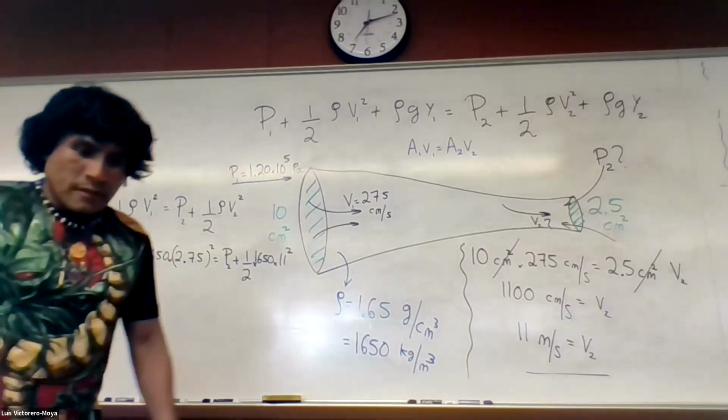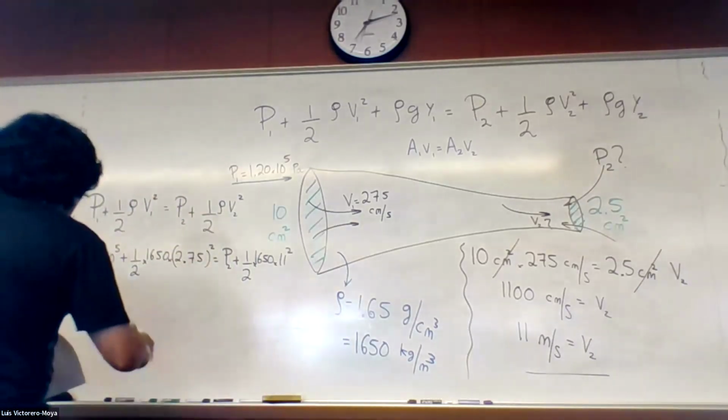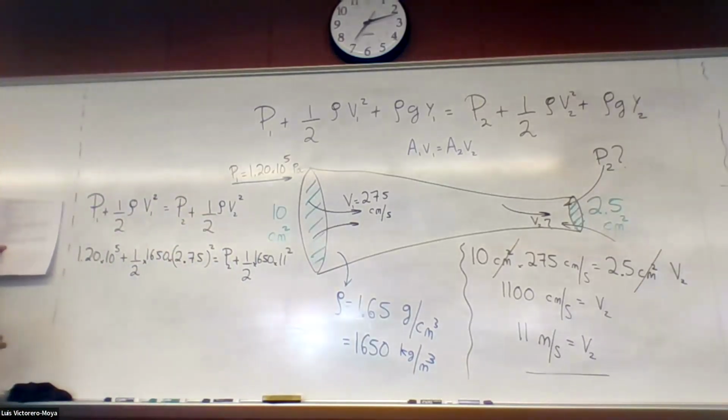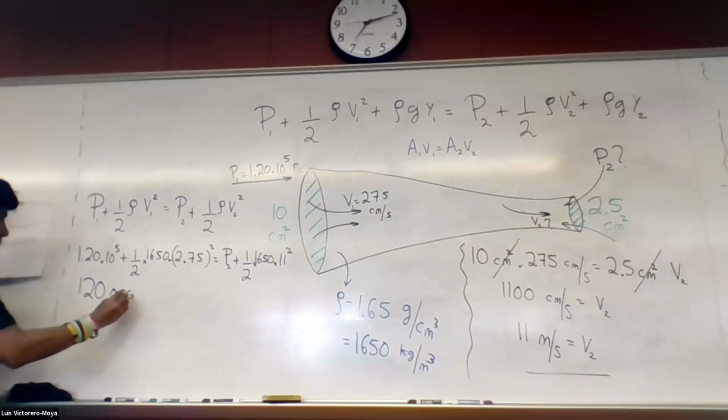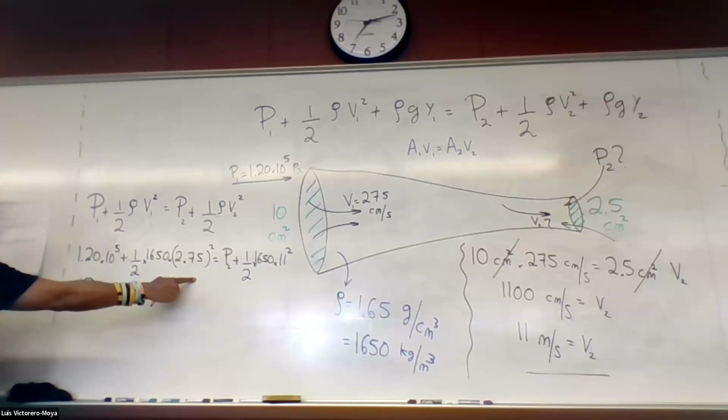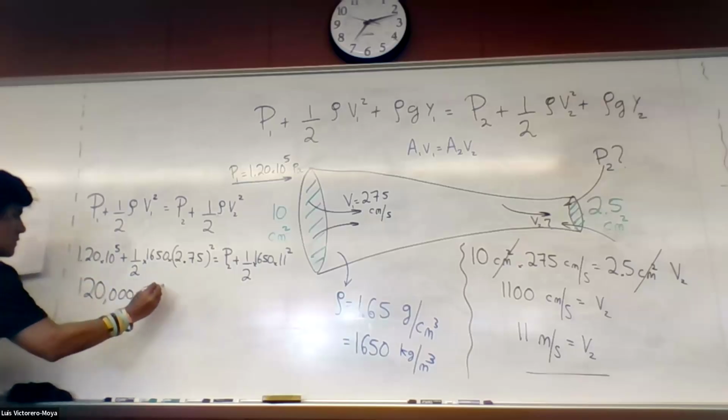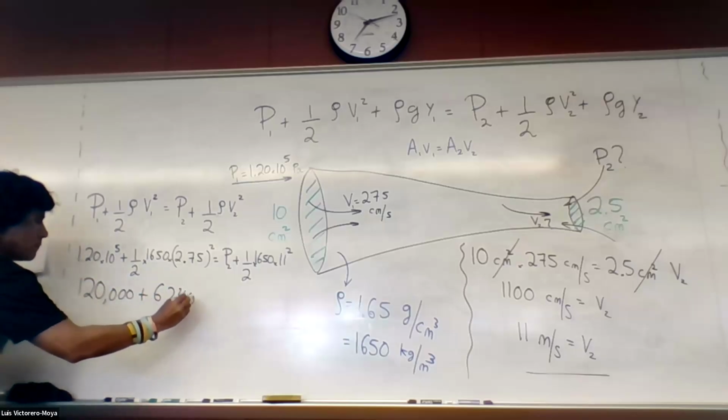All right? So here, this number will give me 120,000 plus this number is 6,240.